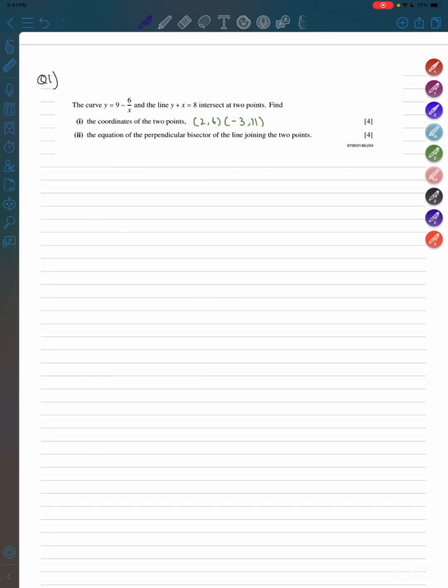The second part tells us to find the equation of the perpendicular bisector of the line joining the 2 points. So, a visual representation would be, if this is point A and this is point B, the perpendicular bisector will cross the middle of that line. So, from here, which would be the midpoint, A to M and M to B, the distance is going to be the same.